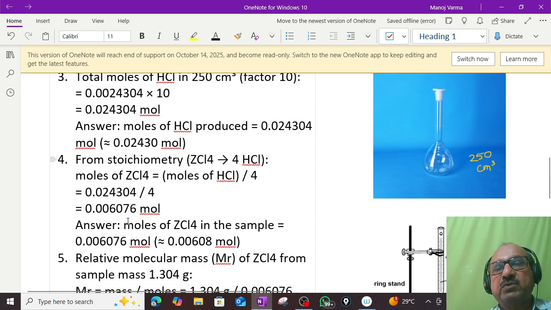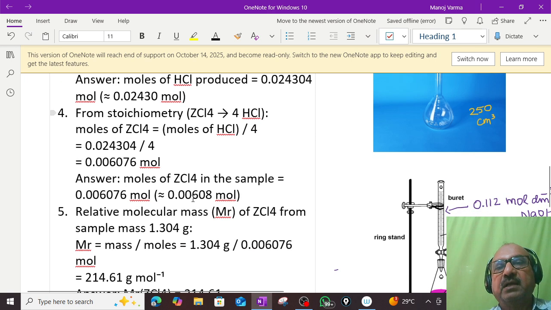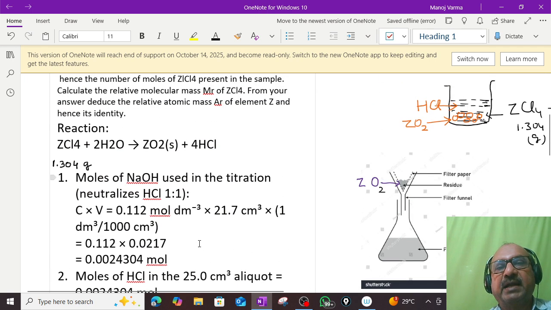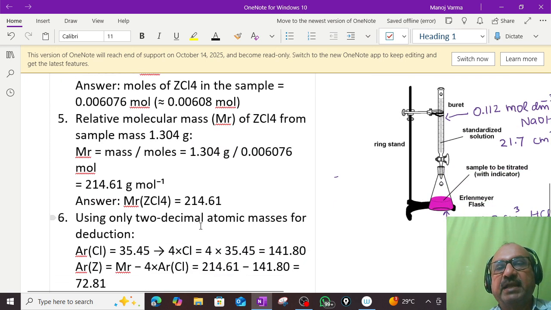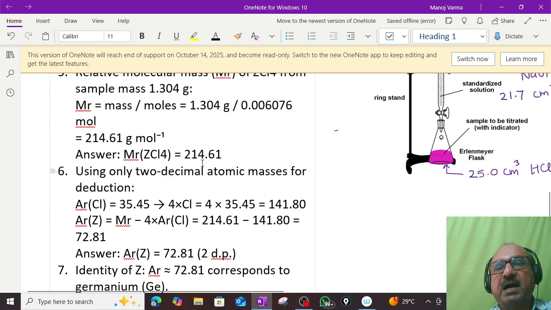Now since we know the moles of ZCl4, we can find out the MR by dividing the mass by the moles. So the mass of ZCl4 that we had taken was 1.304, and we know the number of moles of the ZCl4. We get the MR of ZCl4, which is 214.61, and then we can subtract the contribution of Cl4 from this molar mass.